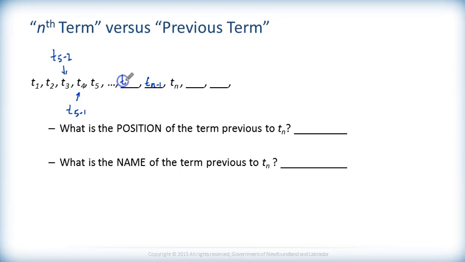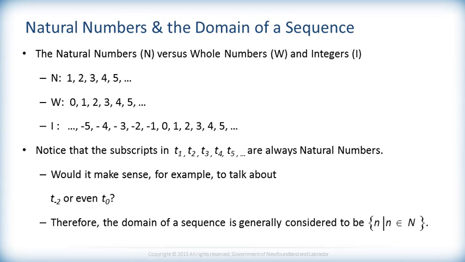The term previous to that would be a term at the n minus 2 position. So the position of the term previous to T sub n is the n minus 1th position. The name of that term, though, would be T sub n minus 1. Meanwhile, the term after T sub n is one position after, so it's T sub n plus 1. Then we have T sub n plus 2, etc.